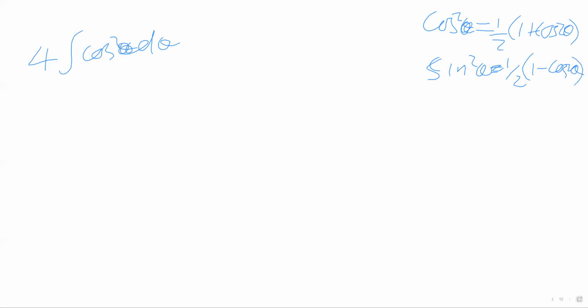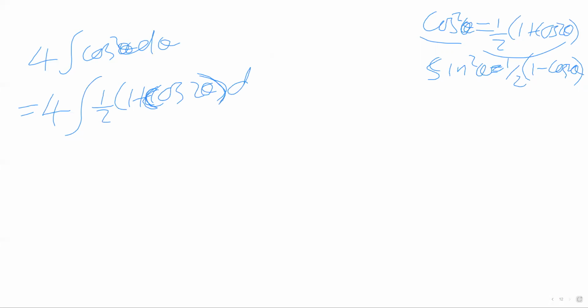That's what we are going to do here. So 4 in the integral of 1 over 2, 1 plus cos 2 theta d theta. You need to know these things, guys, because in mathematics every concept depends on another concept, so you need to revise everything.